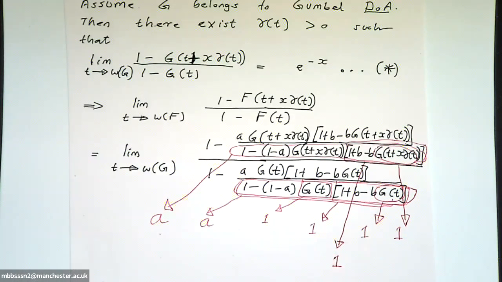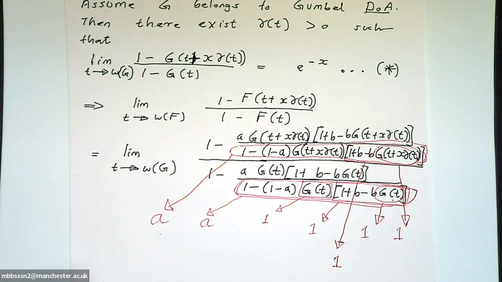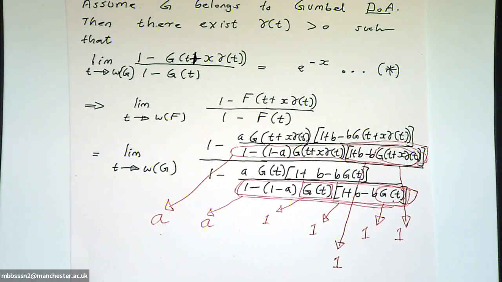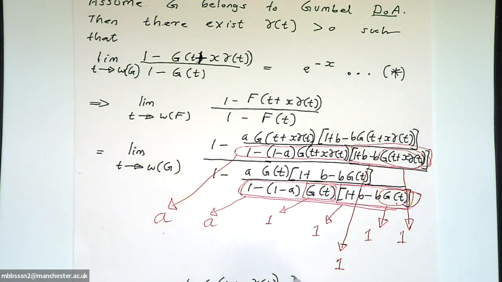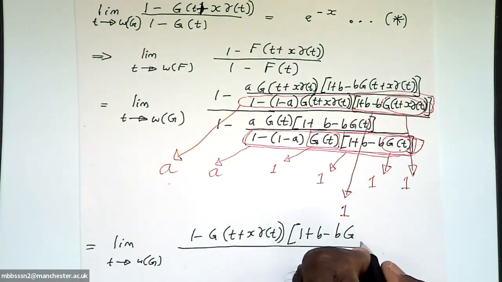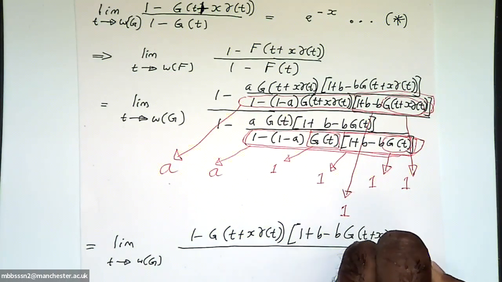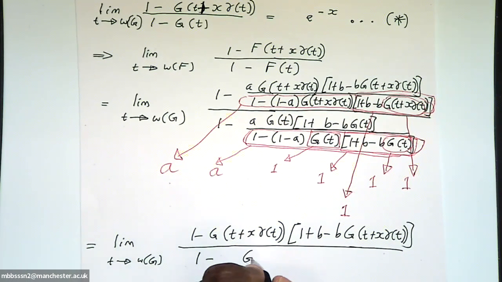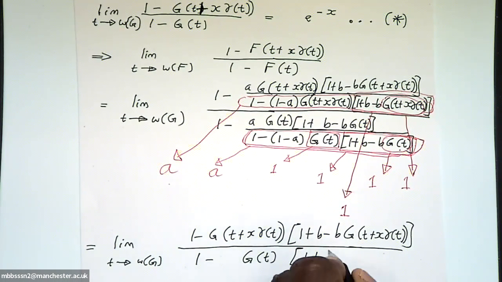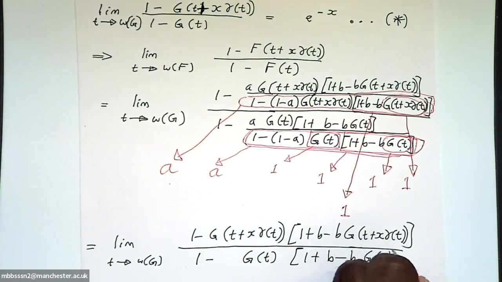Veronica, are you okay? All right. So what you have is the limit as t goes to WG of, the A and the A cancel, so you have 1 minus G plus T plus X gamma T. Then in brackets, you have 1 plus B minus B GT plus X gamma T. And in the bottom, you have 1 minus GT times 1 plus B minus B GT, right?